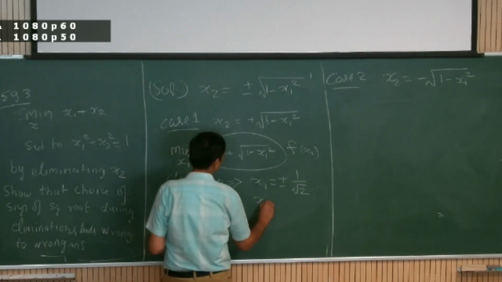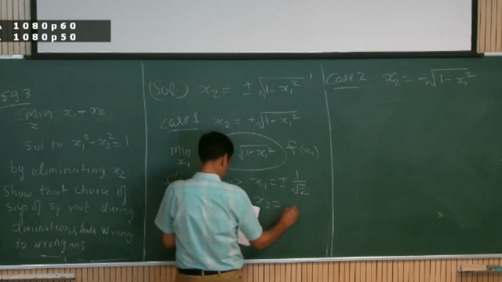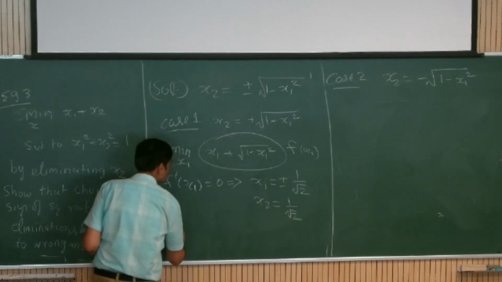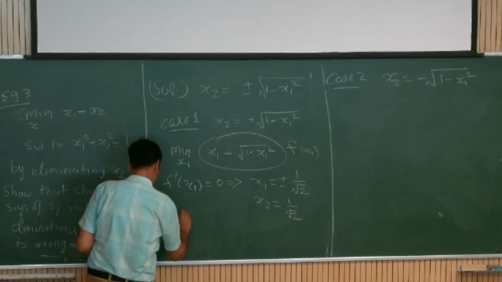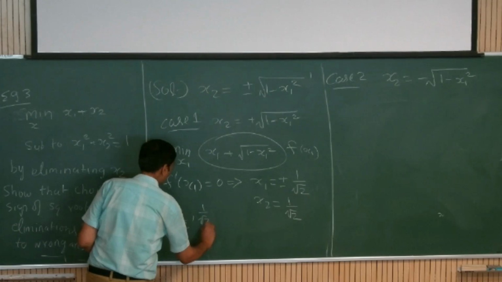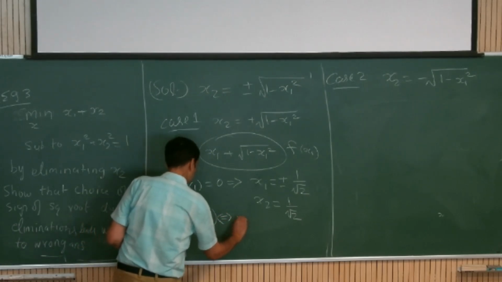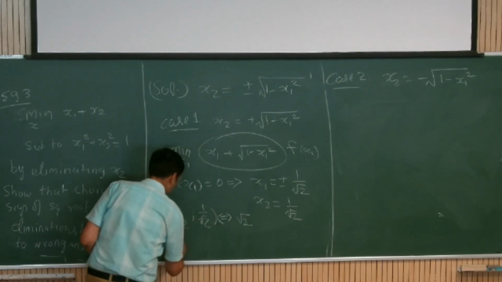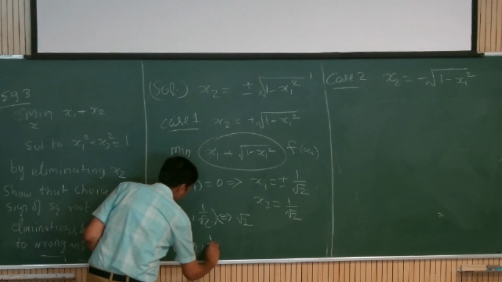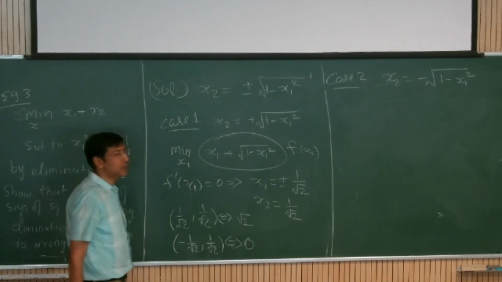And x2 would be 1 over square root of 2. So minus 1 over square root of 2 and 1 over square root of 2 will give you the minimum value as square root 2, and when you take minus 1 over square root 2 and 1 over square root 2, you will get the minimum value as 0.